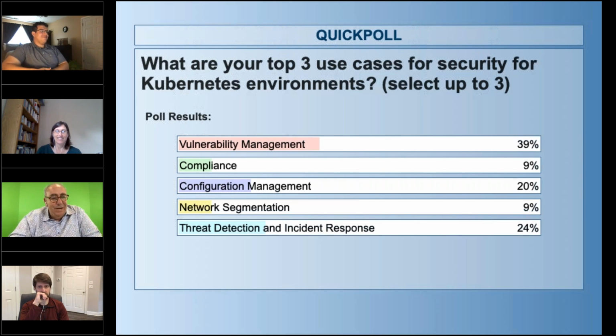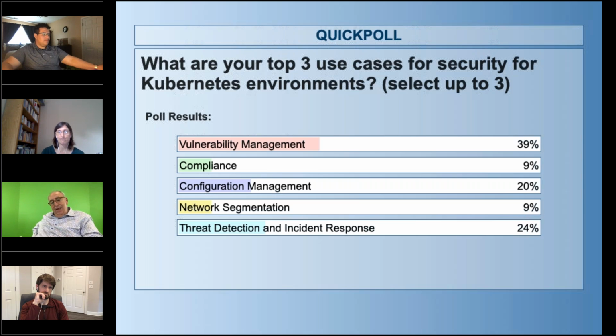What do you think, guys? Very interesting. We see a lot of vulnerability management. It makes a ton of sense. One, everybody knows they have to do it, so it's not a surprise. And it's always the starting point. Especially given the audience we're talking to today, where 49% say they're still learning about Kubernetes, it's the obvious starting point.